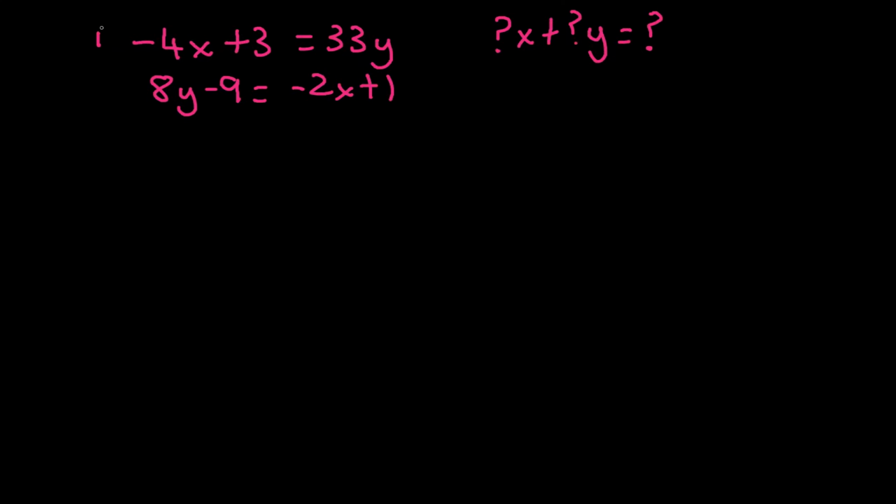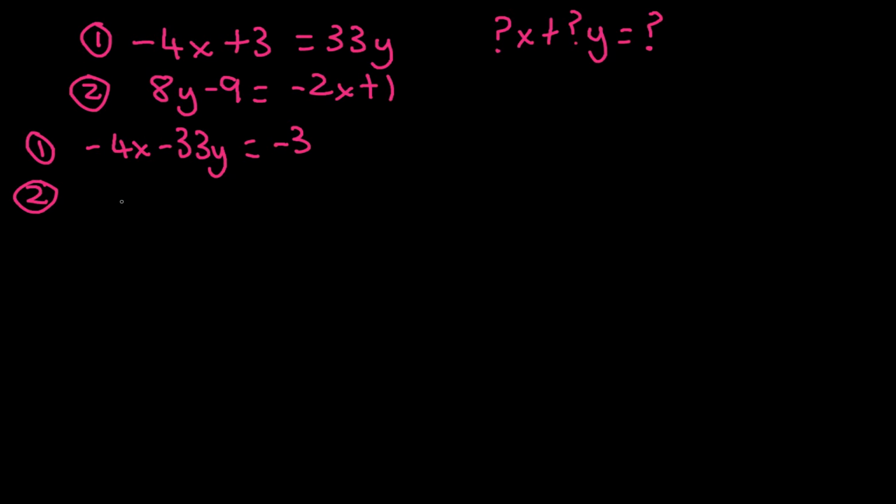So rearranging these equations, our new form of equation 1 is negative 4x, that's okay. The y term needs to be brought over here, so subtracting 33y, and the constant term needs to be on the right, subtracting 3 from each side, negative 3.